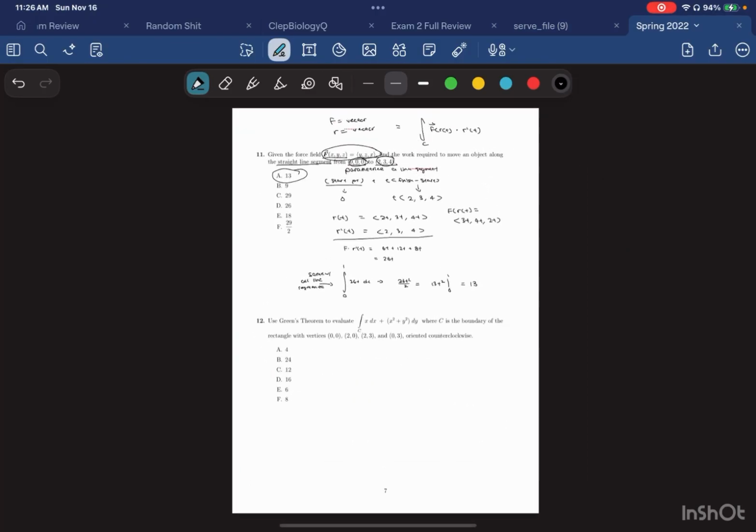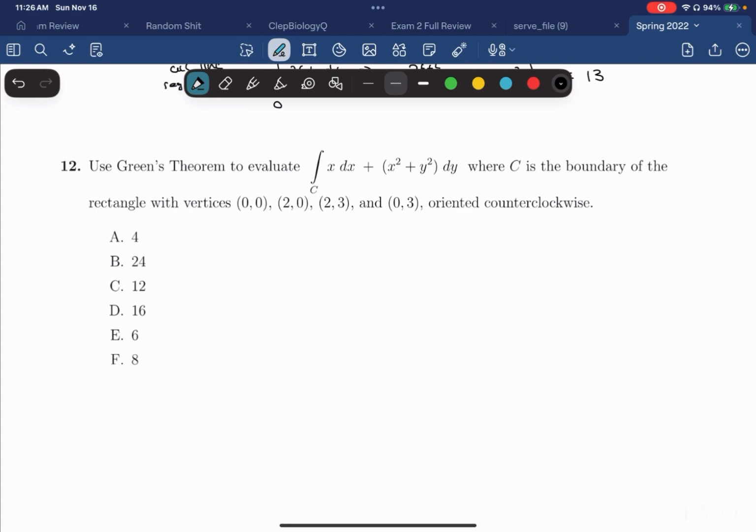Okay, now, last question. Use Green's theorem to evaluate this integral, x times dx plus x plus y squared, x squared plus y squared dy, where C is the boundary of the rectangle with these vertices.